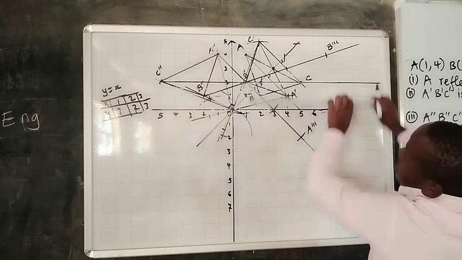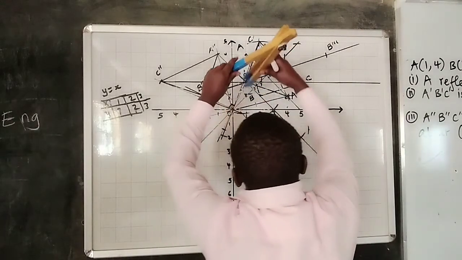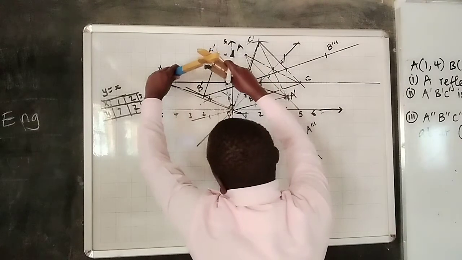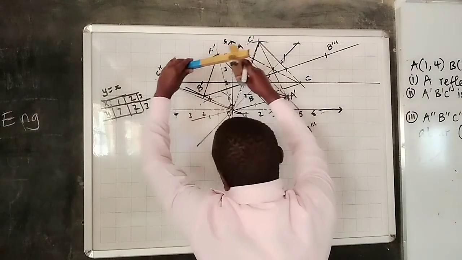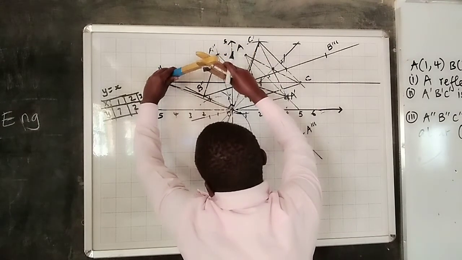Therefore, now standing at the center, you can get where C is. C is here.